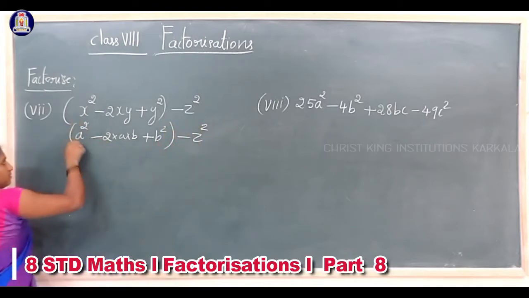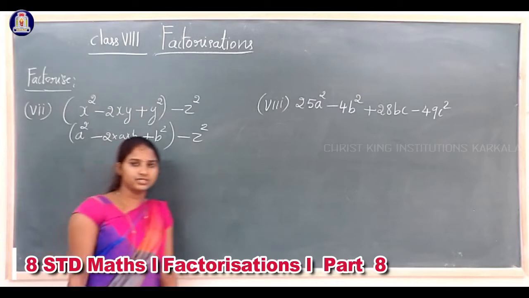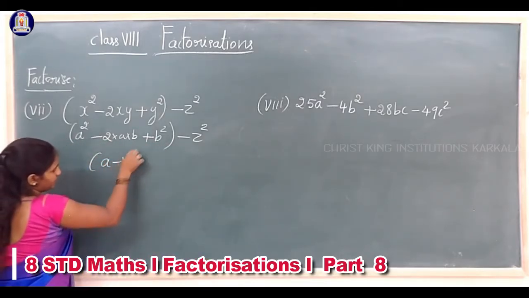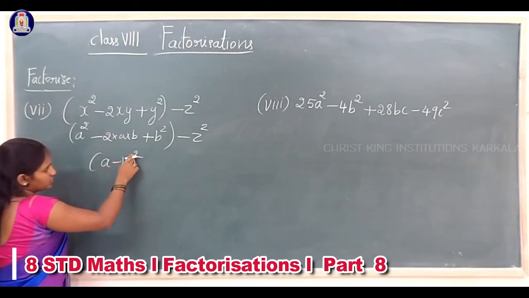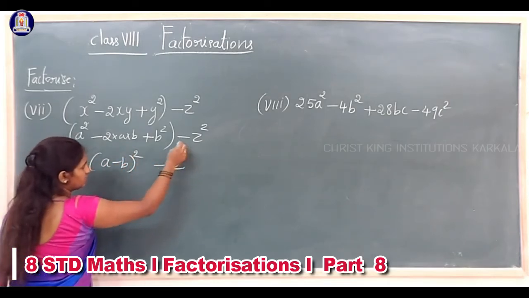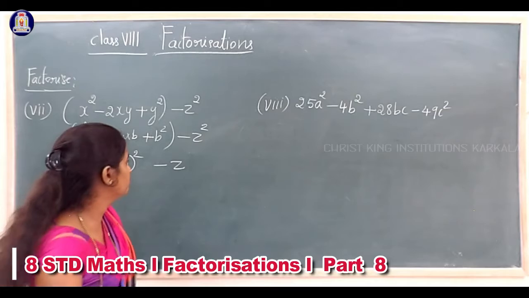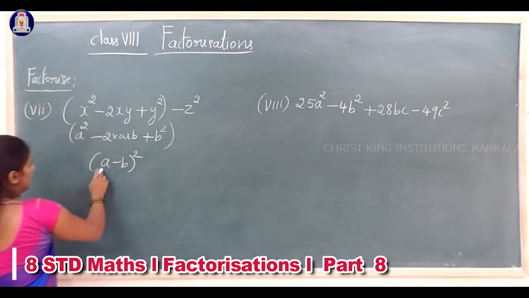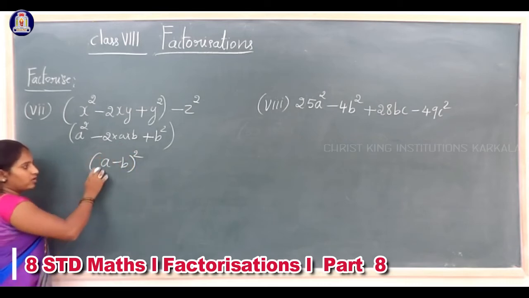So this is one term. Now this a square minus 2ab plus b square means a minus b the whole square. Is it correct? A minus b whole square. So minus z square, no need of writing the z square in the next step; you can write it as it is. Now a minus b whole square. What is a?